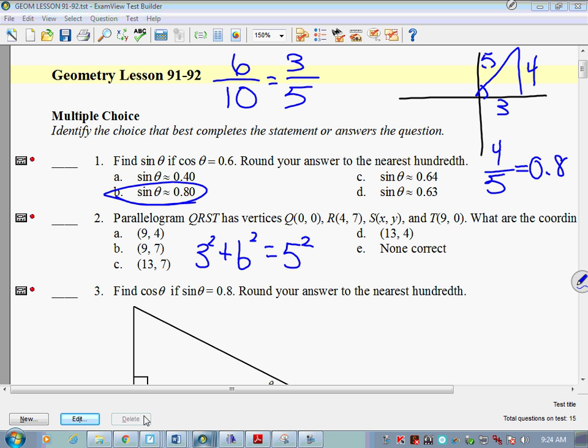So don't get confused by the decimal. Turn that decimal into a fraction, put that fraction in my triangle, solve for the missing side, then use my new trig function, get my new ratio, plug that ratio in, get my new decimal. I know that seems like a lot of steps, but we're not talking about anything groundbreaking here. Okay, so that's number one.